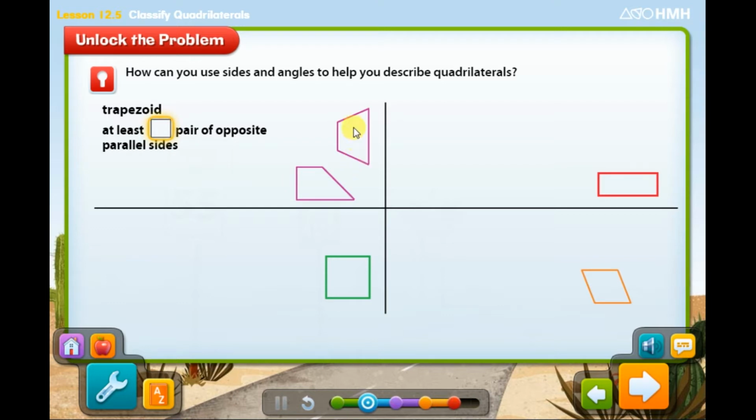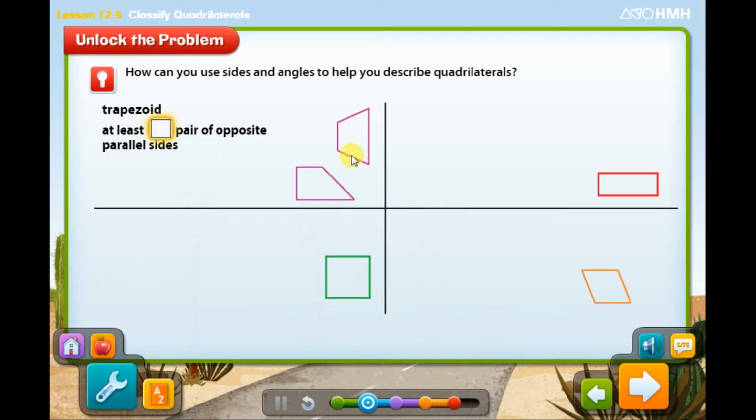Are this side and this side parallel? No, because they are not walking the same distance side by side. So this side and this side are not parallel. This means only two sides are parallel in the trapezoid. And how many pairs of parallel sides is that? If you know pair, like a pair of shoes, it means two.